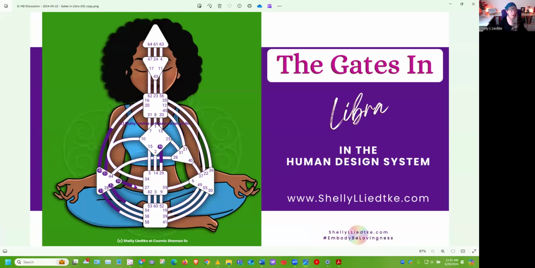We can see here it's right on the right side of the spleen center at the top of the triangle, or the side of the triangle, I guess, pointing in. The gate 50 connects in the channel with the gate 27, which is the gate of nourishing the community. So this channel, the 27-50 channel and the 6-59 channel, which we talked about in Virgo, I believe, are part of the tribal defense circuitry.